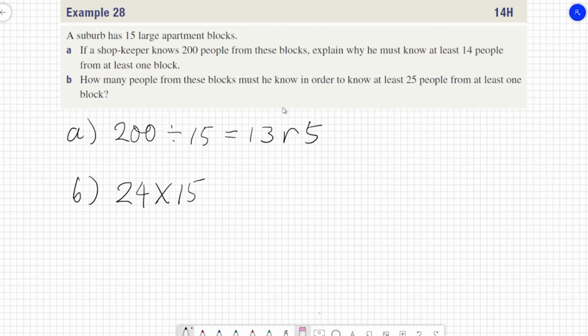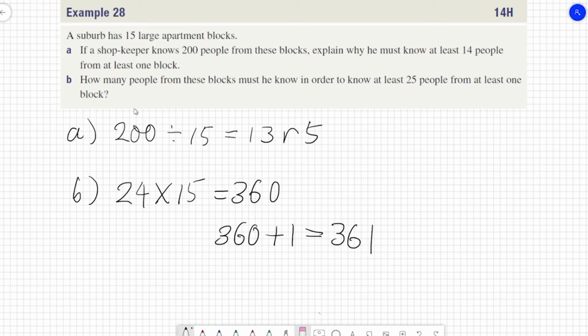So this guarantees that if he knows 360 people, then he knows at least 24 people from each block. And then one extra person he knows will bring at least one apartment block to 25.